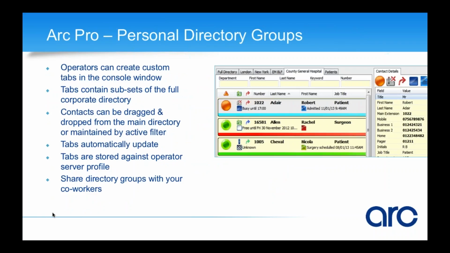Quick look at a capability called personal directory groups. We have the ability for each individual operator or user to create their own dynamic groups based on the data that they've logged in to be able to see, and they can be shared.